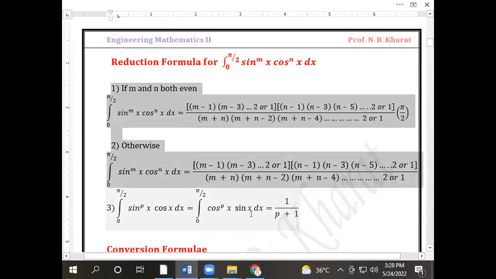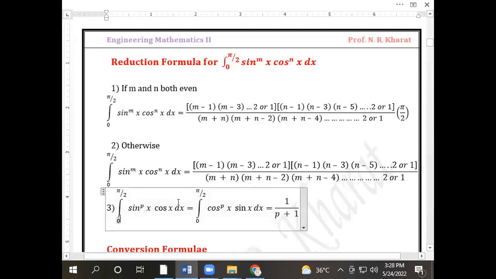And one standard reduction formula is defined when the index of your sine or cosine, any one of them, is 1. Then what is the reduction formula in such a case? So the third formula is that if the integration goes from 0 to pi by 2 and it's multiplied by cos, or we say the index of your cos is p, multiplied by sine, it's nothing but 1 upon p plus 1.